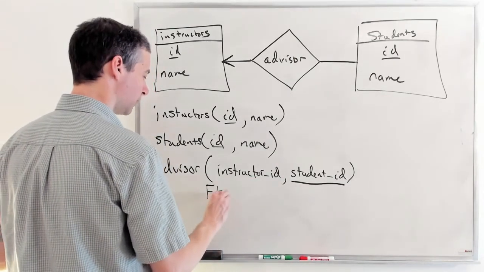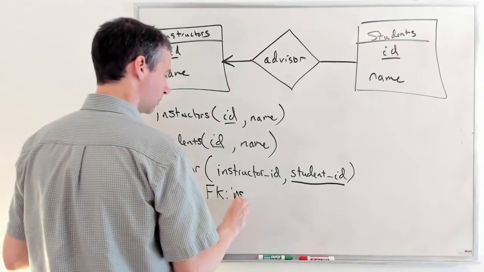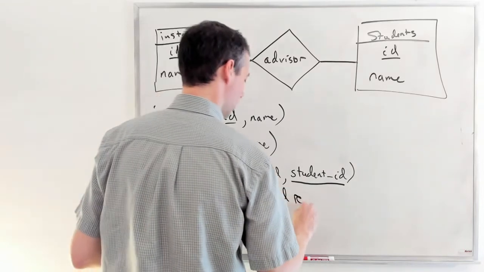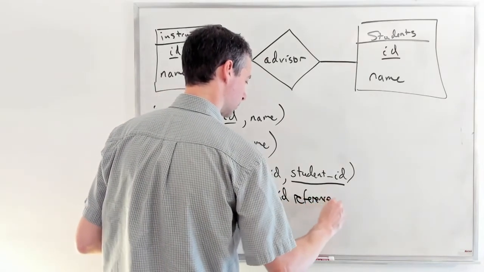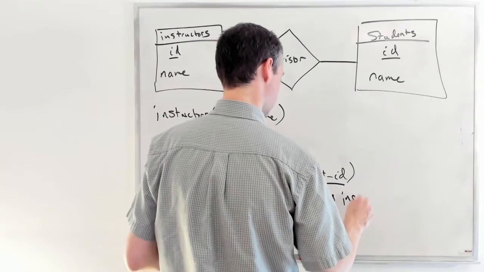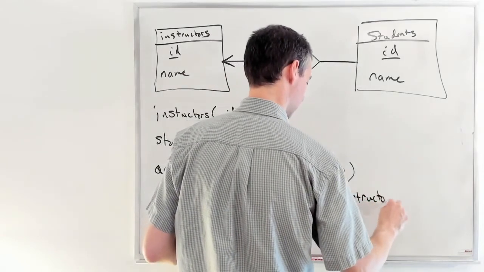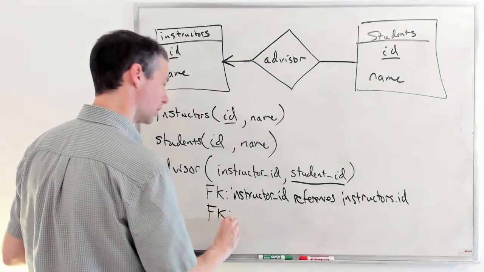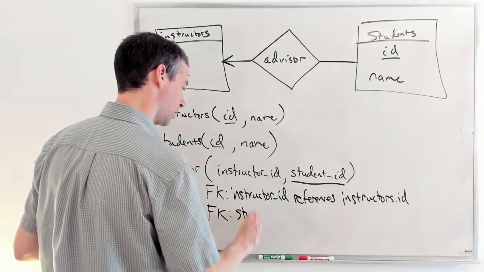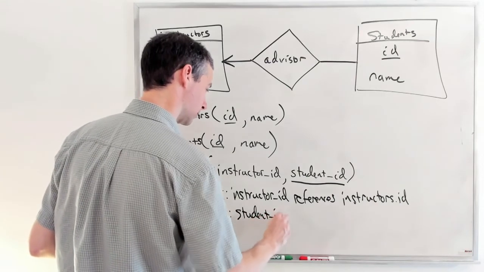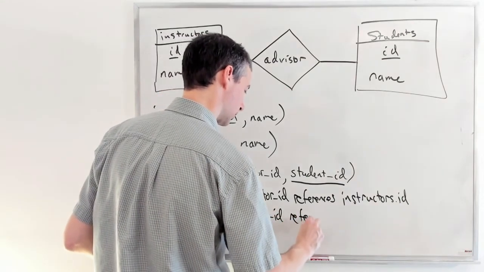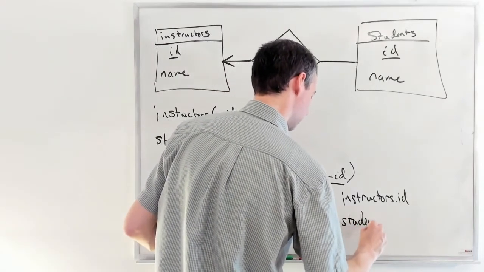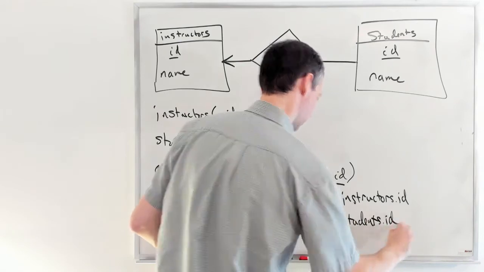So we have a foreign key of instructor ID, which references instructors.id, and we have another foreign key in here, which is student ID references students.id. All right.